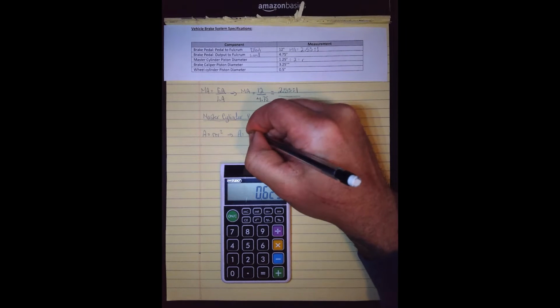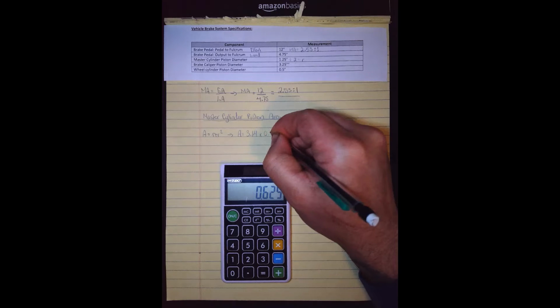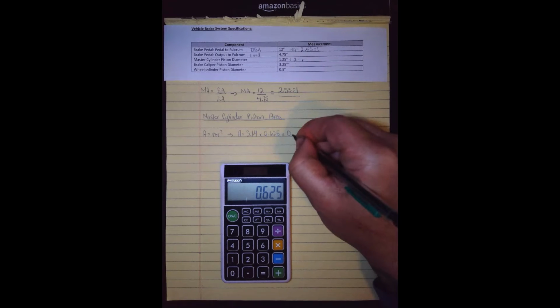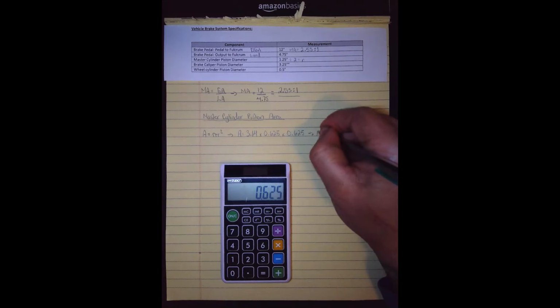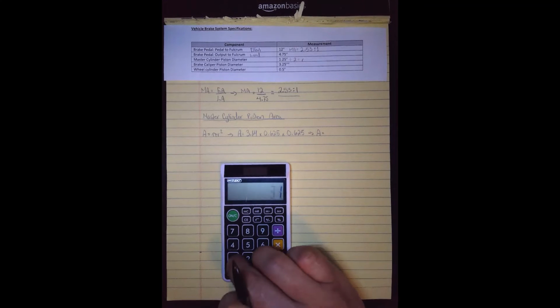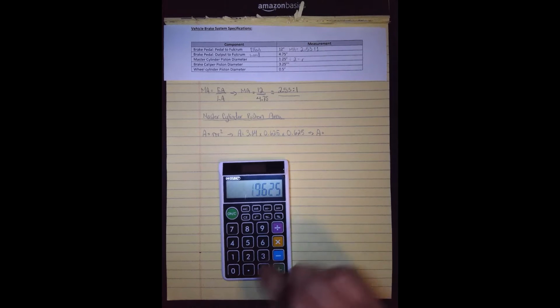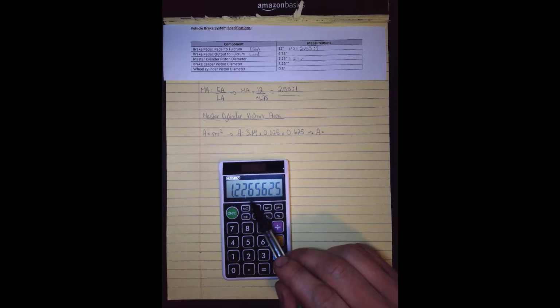So area equals 3.14. That's as far as we need to go with that. Times 0.625 times 0.625. So 3.14 times 0.625 times 0.625 equals 1.2265625.